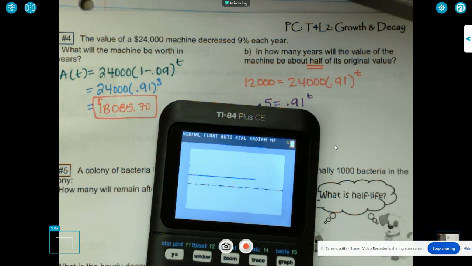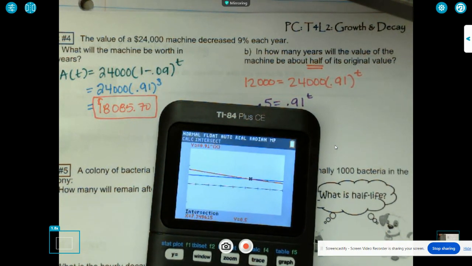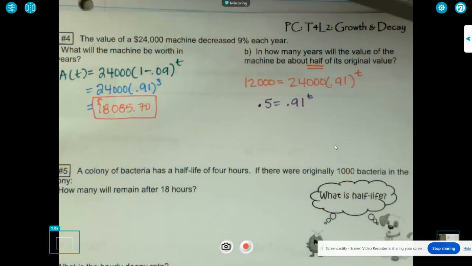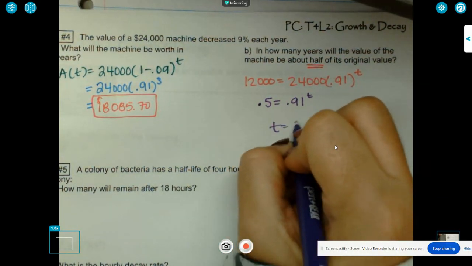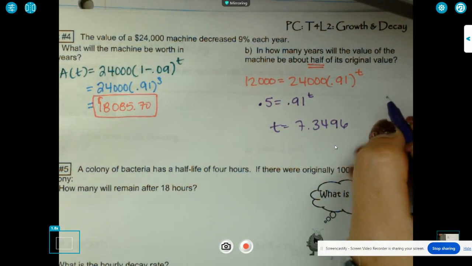See if that gives me my intersection. Yay, there it is. So second trace, 5, right? Enter, enter, enter. What's our answer? 7.3496. I always use 4 decimal places unless I tell you different. Years, months, what? Years.